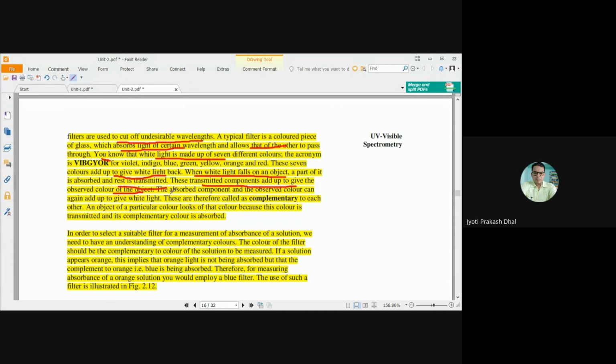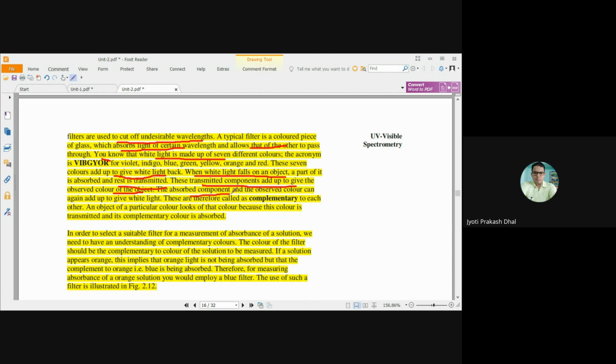So when the light contains all the seven basic colors, it will be white. But if white light passes through a sample, then according to the characteristics of the sample, if the sample absorbs a particular light from the source, it will look colored.